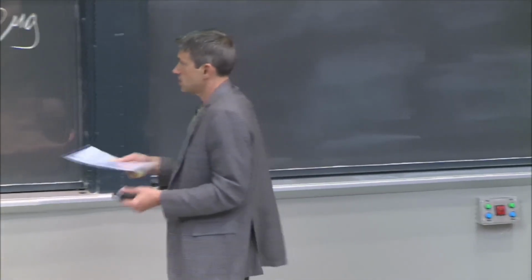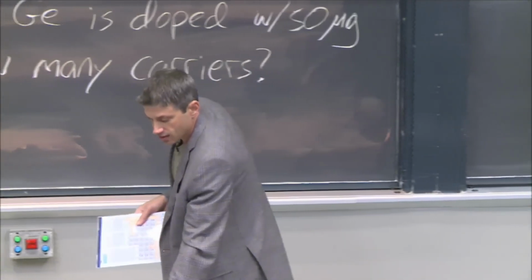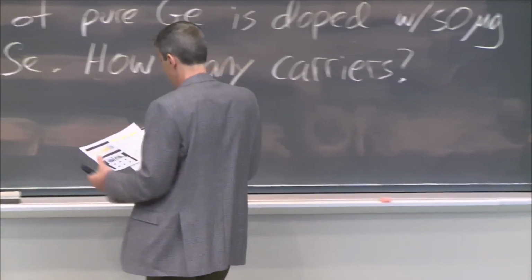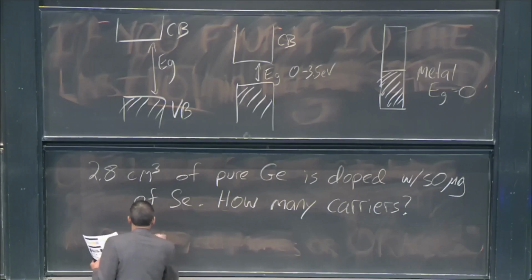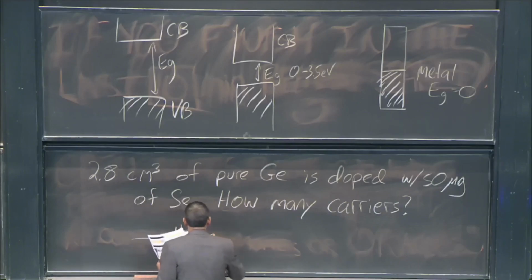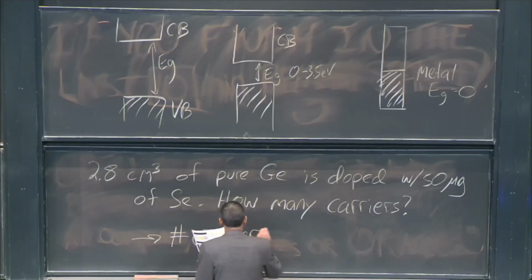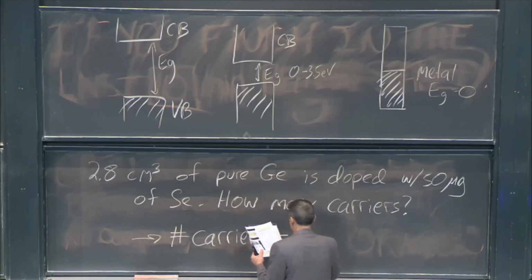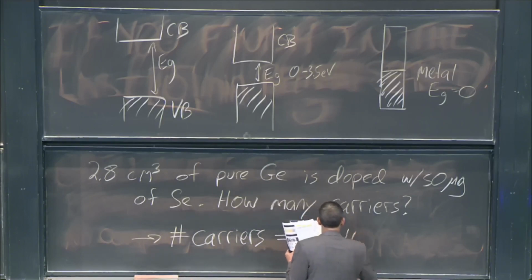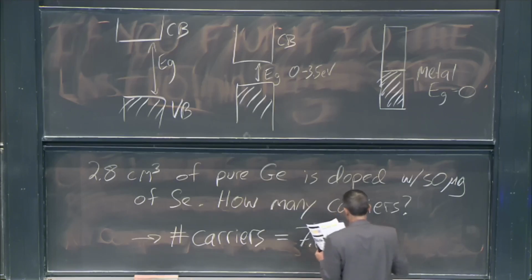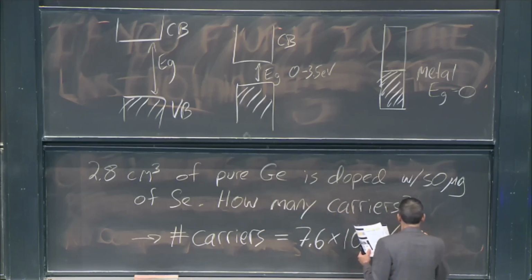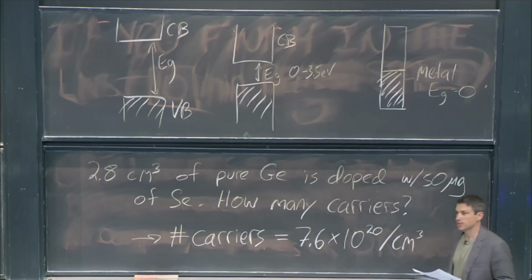So you know it's going to be an N-type material. And if you do the math, the number of carriers is equal to 7.6 times 10 to the 20th per centimeter cubed. Now, here's something important.